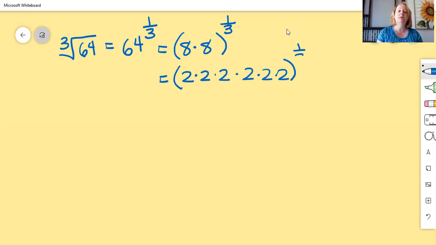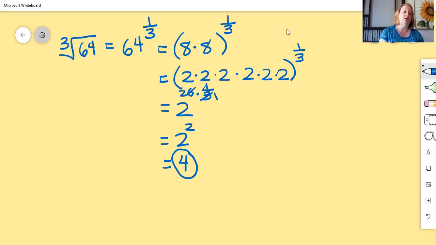Well, we have 6. So this is going to be 2 to the 6th power times 1/3. So these are going to cancel, and my answer is going to be 2 squared, which is really the number 4.